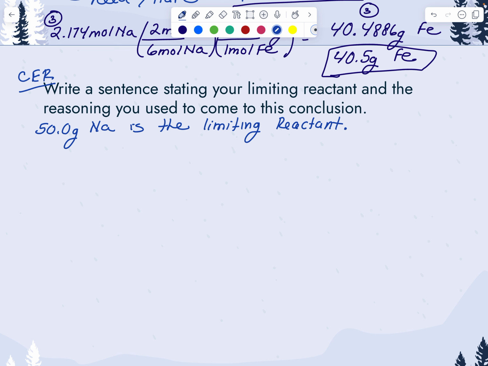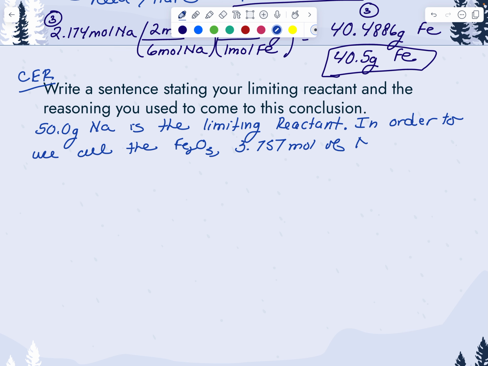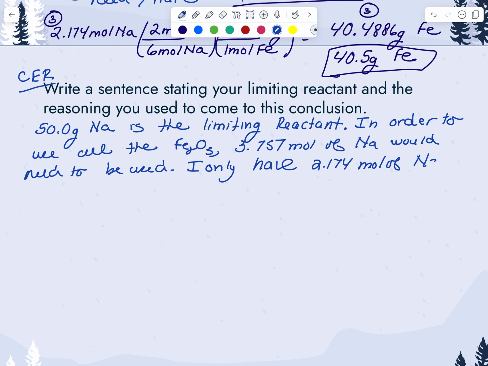And remember, what I'm asking is, can I use up all reactant 1? So in order to use all the Fe2O3, 3.757 moles of sodium would need to be used. I only have 2.174 moles of sodium.